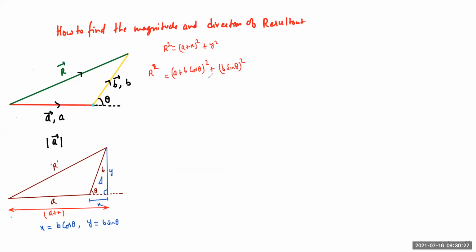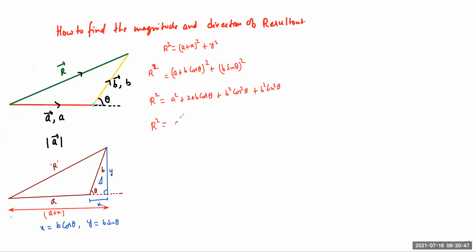Now we have space. So what we can write next is just expand this: a square plus 2ab cos theta plus b square cos square theta plus b square sin square theta.